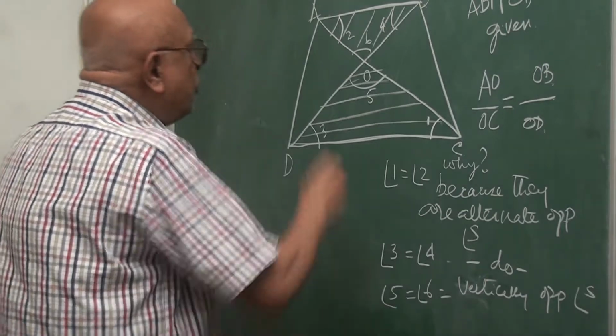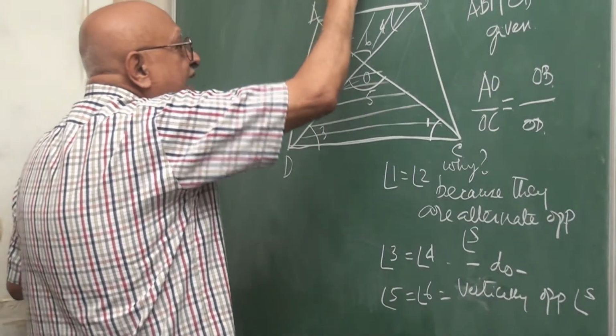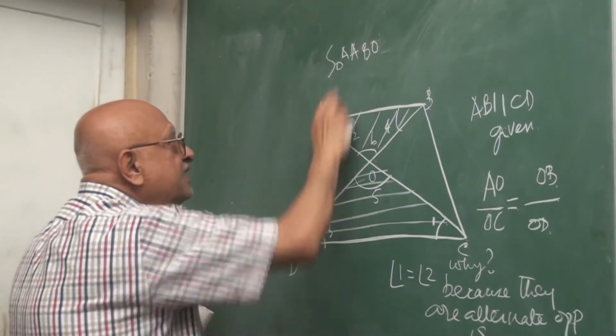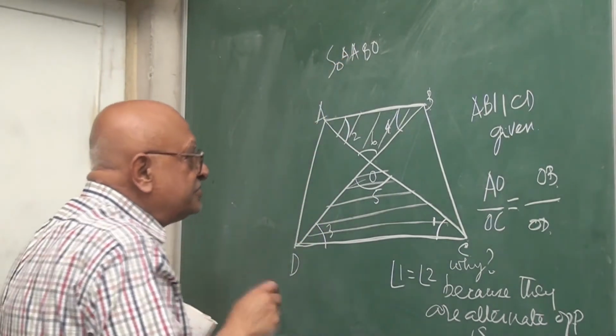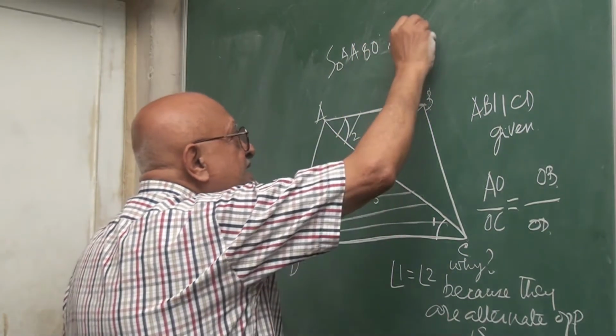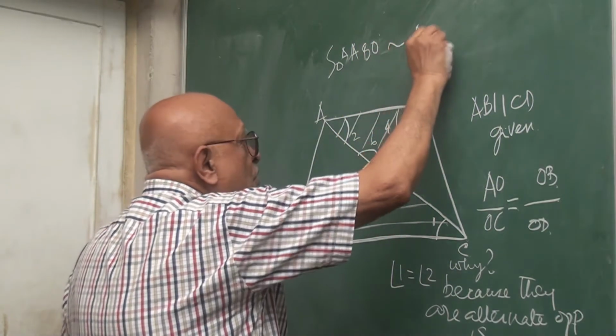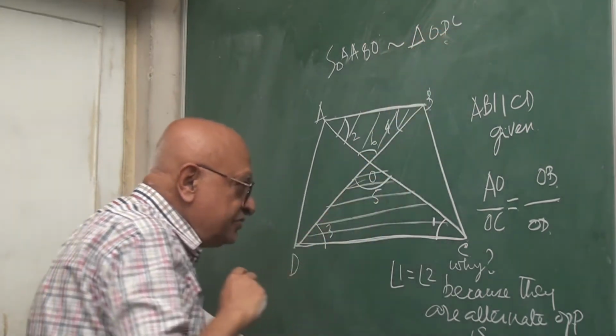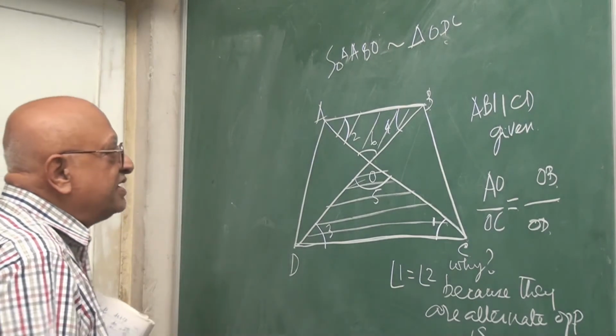Okay, so triangle ABO, I'll write a little bit slowly so that there is no confusion, is similar to triangle ODC. Agreed? This you must agree.